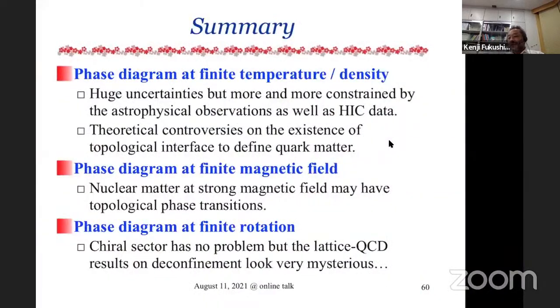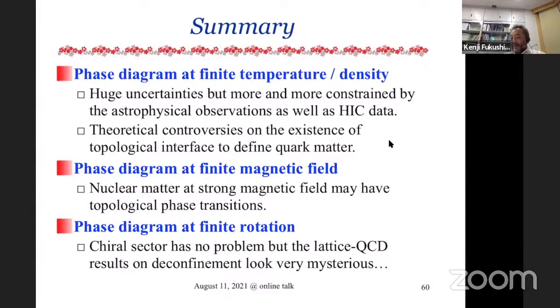Okay, now it's time to summarize my talk. Well, for the finite temperature and density phase diagram, there are many scenarios and huge uncertainties, but by the topological argument, there might be some chance to define the quark matter interface. So this is actually a very exciting possibility. But still, there are many controversial arguments, and there is no conclusive answer yet.